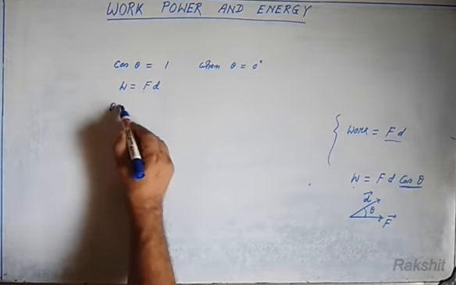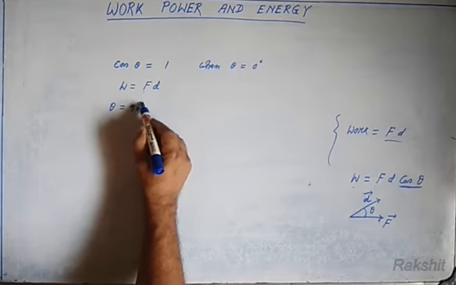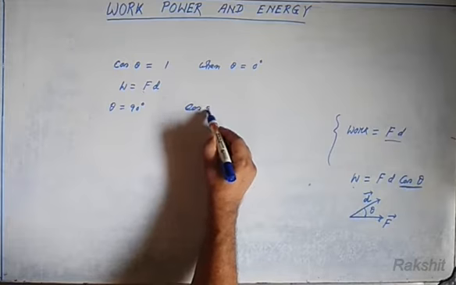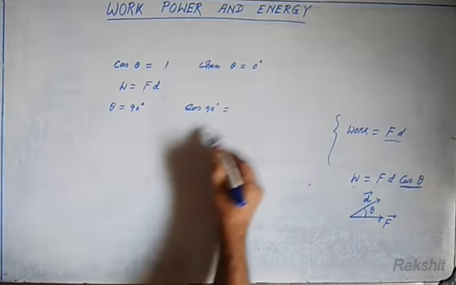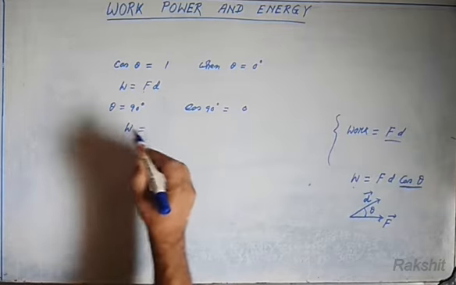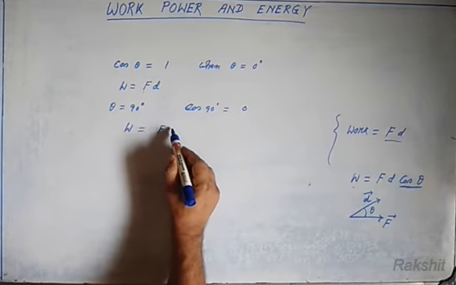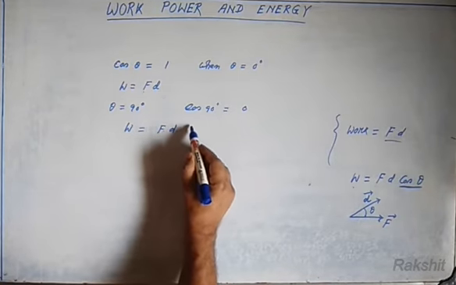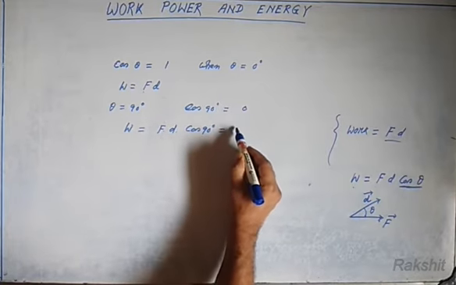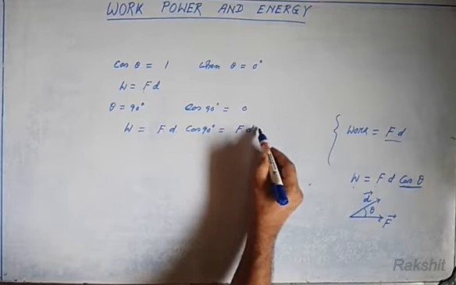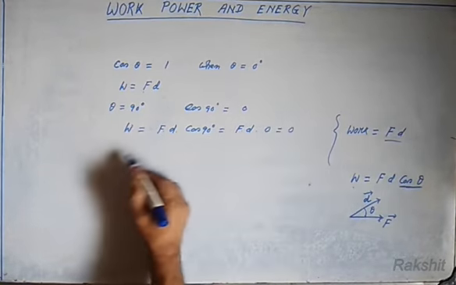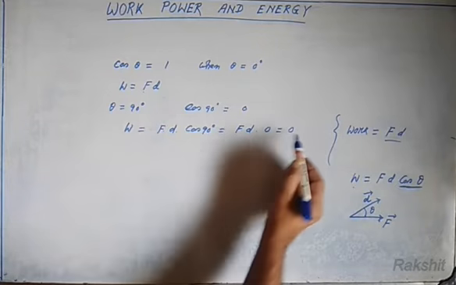When theta is equal to 90 degree, cos 90 degree is equal to 0. So W is equal to F into D into cos 90, which is F into D into 0, that is equal to 0. That means work done is equal to 0.